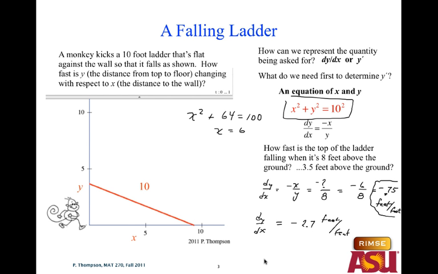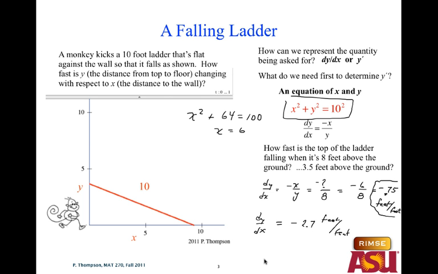So for the same small change in x, what can you say about the second situation compared to the first? What does it mean that what used to be negative 3/4 is now negative 2.7? What does that mean about the ladder in this situation?